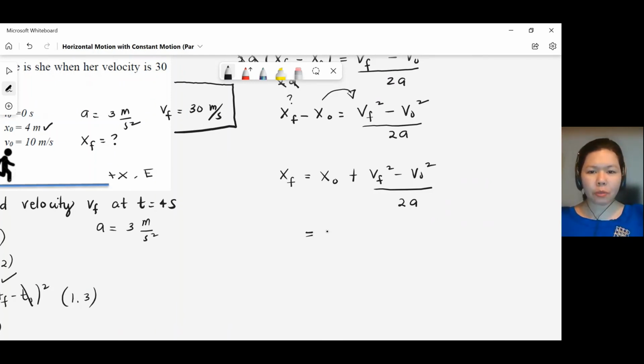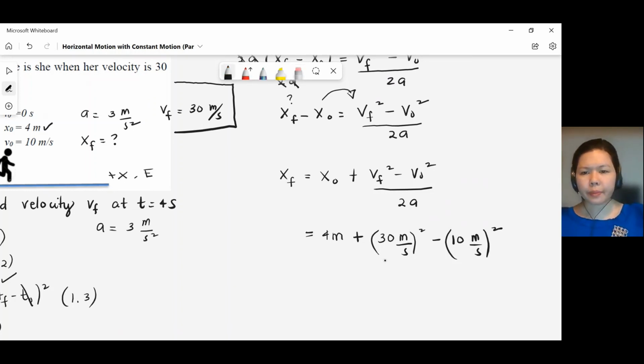X naught is 4 meters plus V final is 30 meters per second, and then you square that, minus V initial is 10 here, 10 meters per second, over, the over only applies to the second term, over 2 times A is 3 meters per second squared.